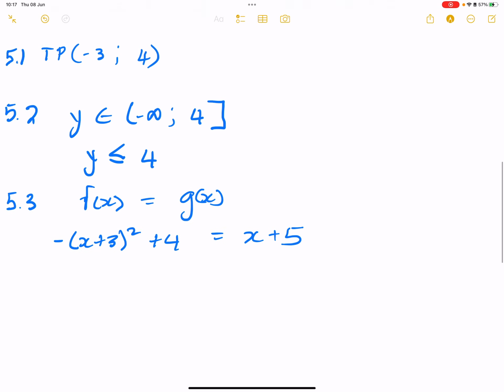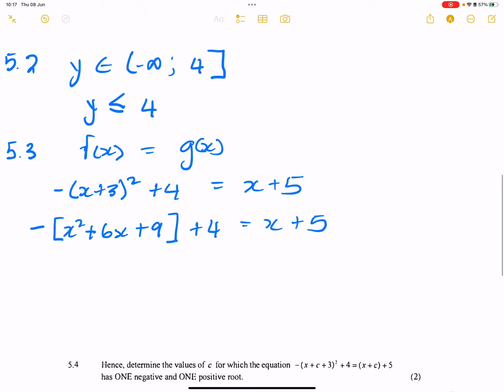Now let's try and solve as much as we possibly can. So we have got x squared plus 6x plus 9, okay, plus 4, which is equal to x plus 5. All right, let's try and make this as quick as possible. So I'm going to take everything here to the other side.